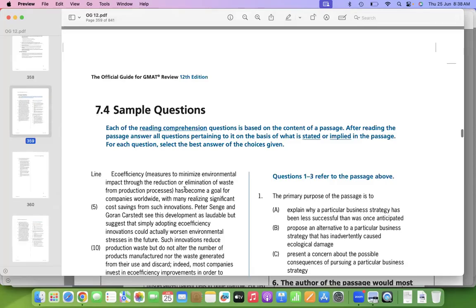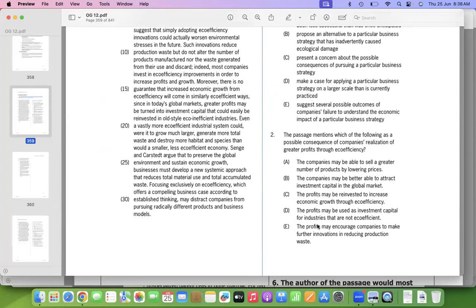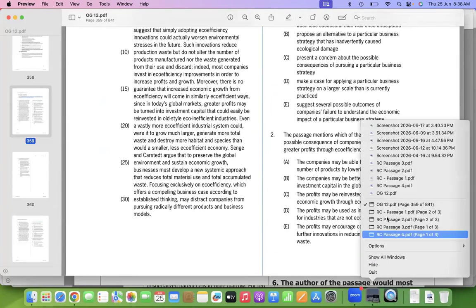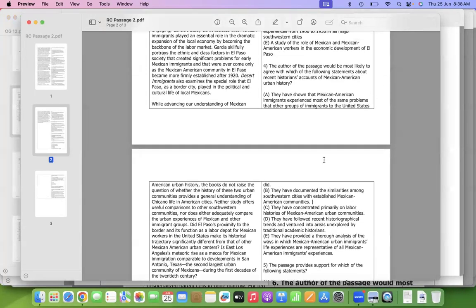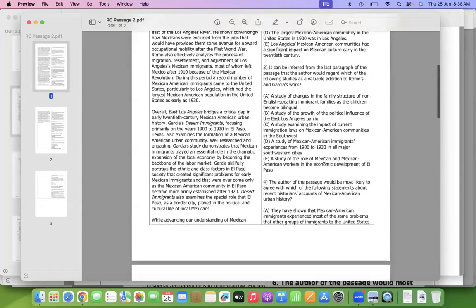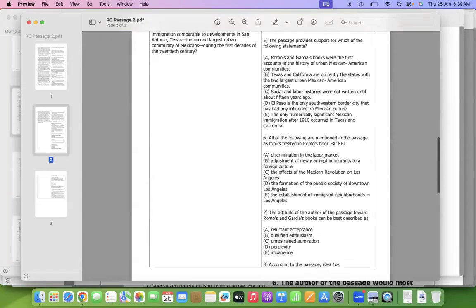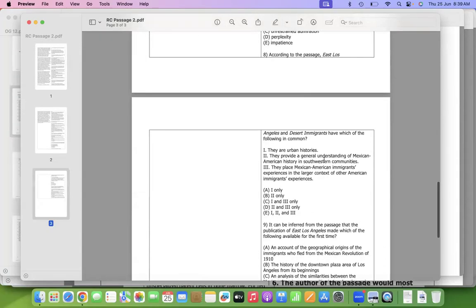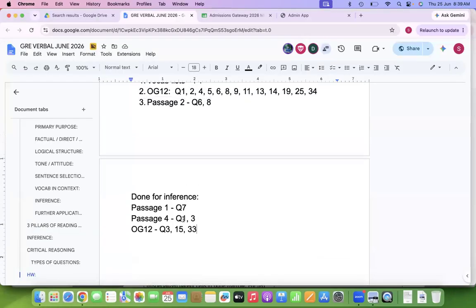So for homework, you're going to complete inference questions. Passage 2, I'll give you some questions from here. Question 9 from passage 2.